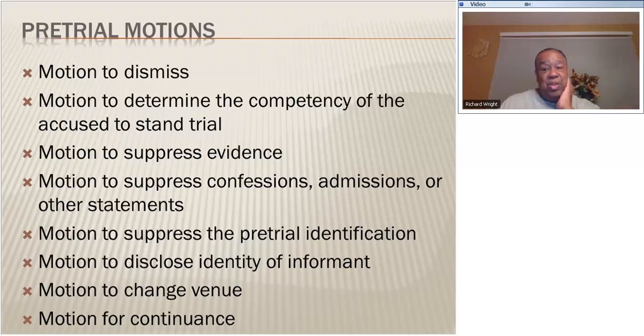One of the initial stages in a criminal trial, once you get past the charges, is we file a motion for discovery. Now, that's not mentioned among there, but that's one of the motions that we file generally at the very beginning. Some jurisdictions call it motion for disclosure.